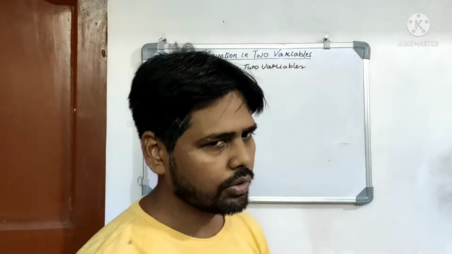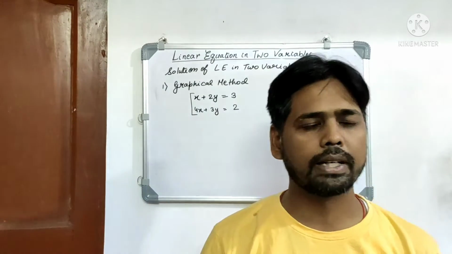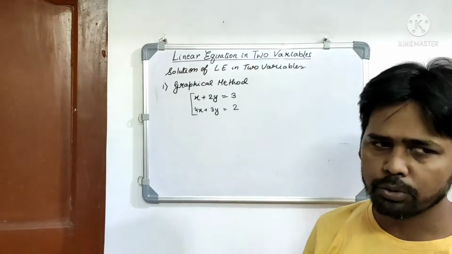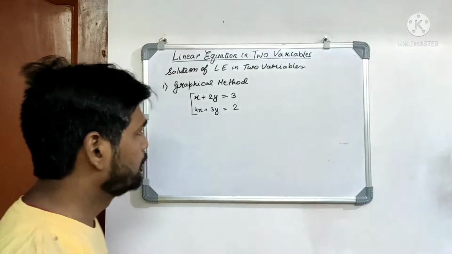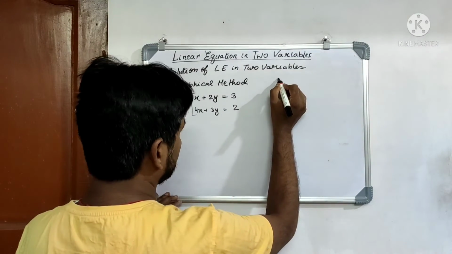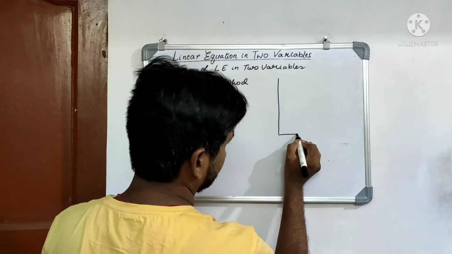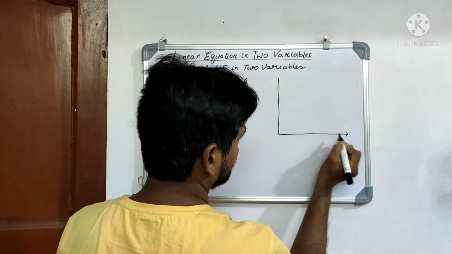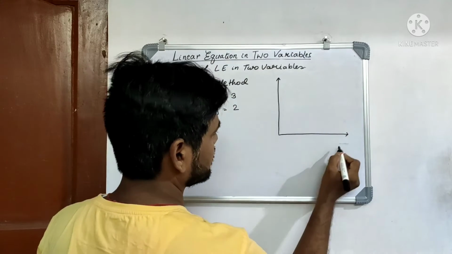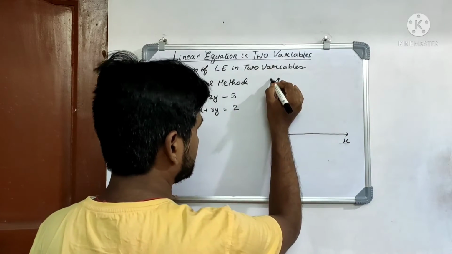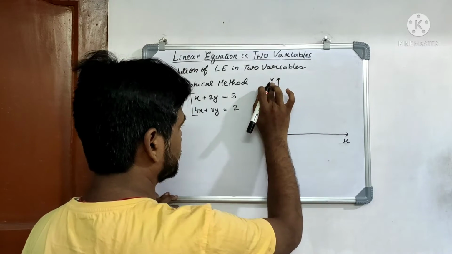In order to solve the equations by the graphical method, we have to divide it into the plane. Since we have two variables, let me divide this plane into two dimensions or two axes, the x axis and the y axis.